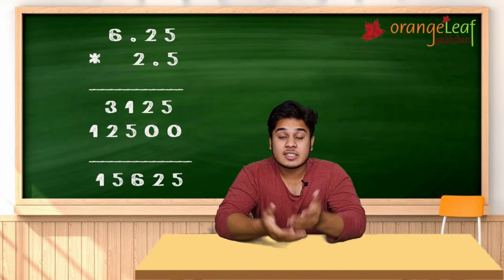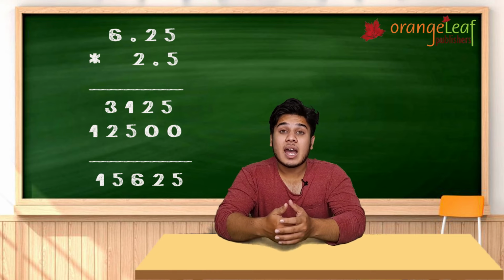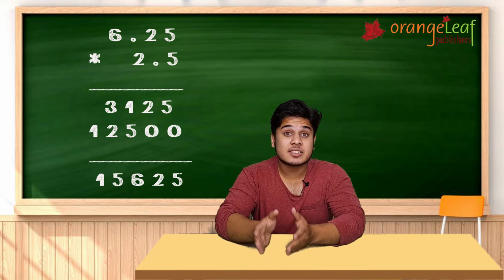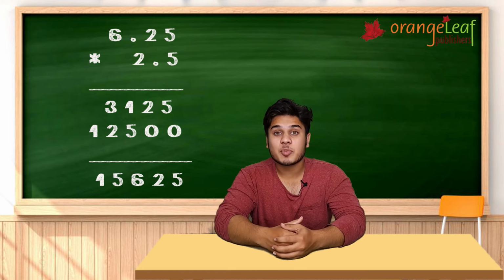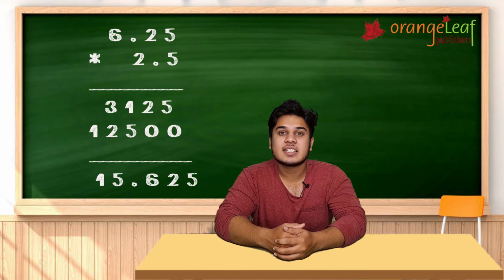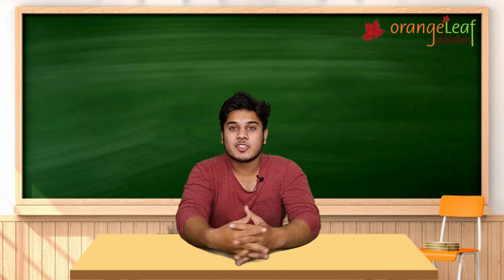Now, since the total number of decimal places is 3, we add the decimal point 3 places from the right before 6, making the product 15.625.